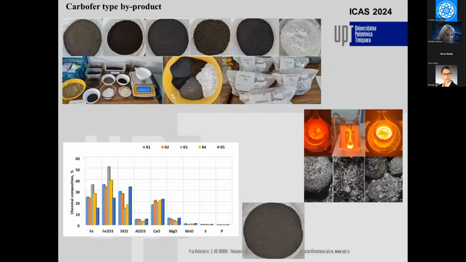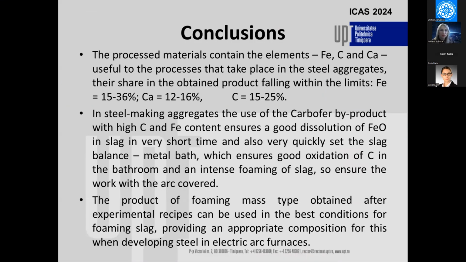Here are some images from the research on the carbon type byproduct. Conclusions: the processed materials contain the elements iron, carbon, and calcium, useful to the processes that take place in steel aggregates.